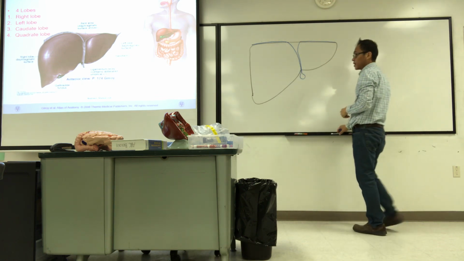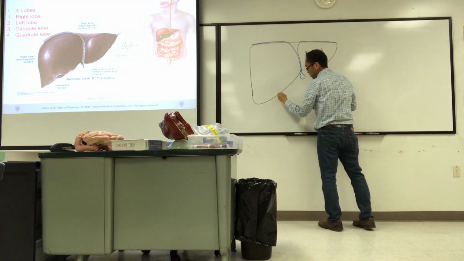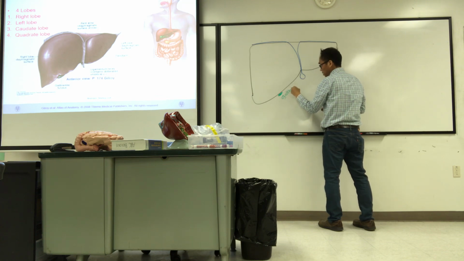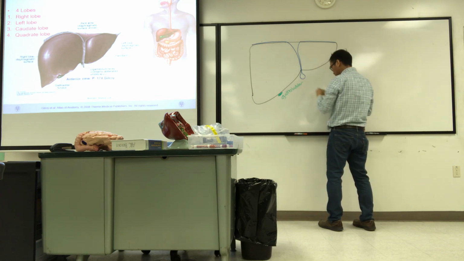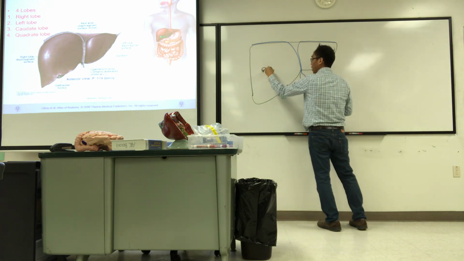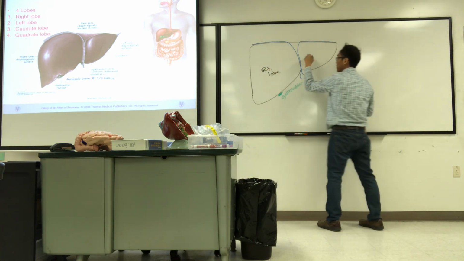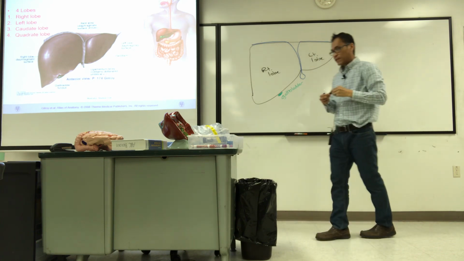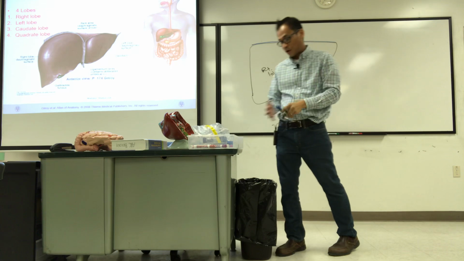There's a little green pouch there. That's the gallbladder. Well, anyways, let's focus on the lobes for now. The big lobe is the right lobe, and then this is the left lobe. So you have right and left lobes. We'll see the other 2 lobes when we look underneath.